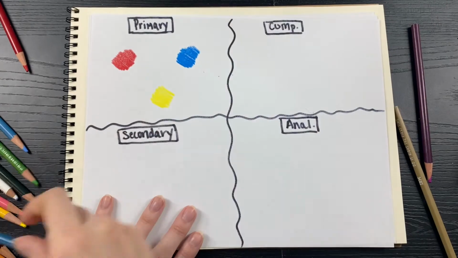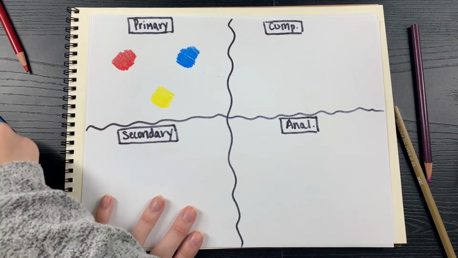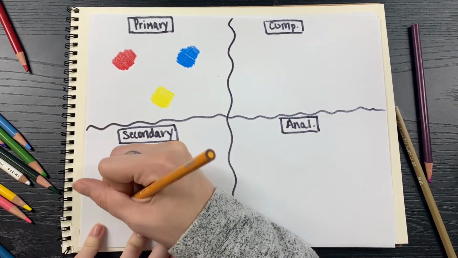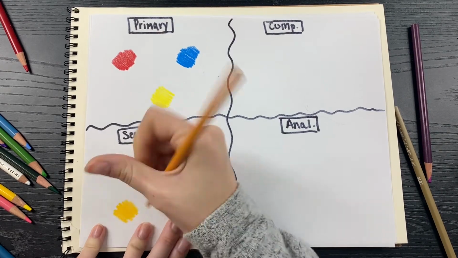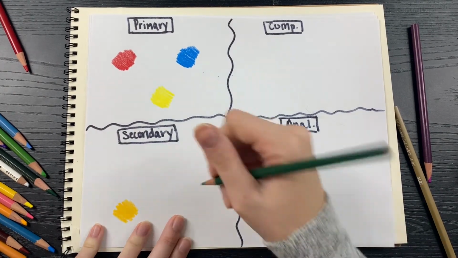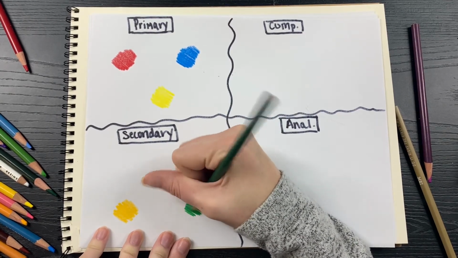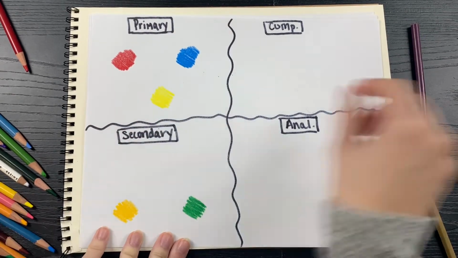We can make different versions of these colors, but it's never going to be exactly these colors, okay? Then our secondary colors are when we mix our primaries together and we get a new color. Those colors are called secondary. So we have red and yellow make orange, blue and yellow make green, and red and blue make purple.